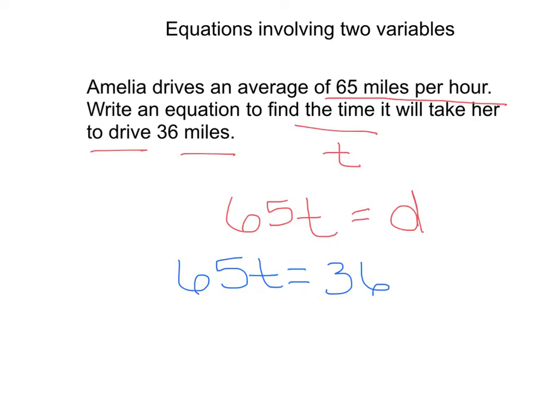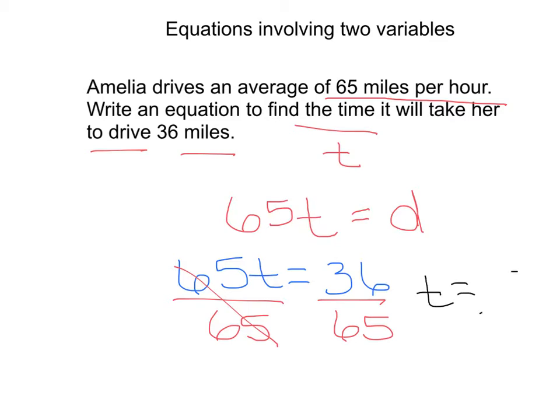So to solve for t, we now divide both sides by 65. And you would be allowed to use a calculator here, and you would get t equals 0.55. But we know that t is in time of hours, and so it's 0.55 of an hour.